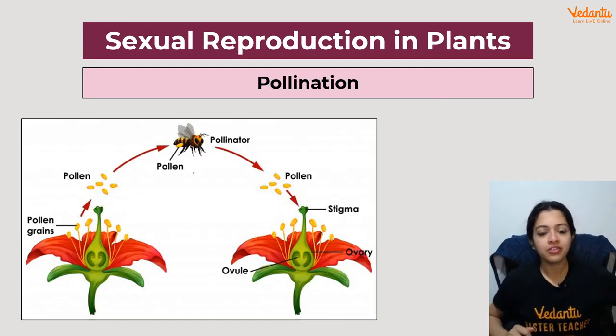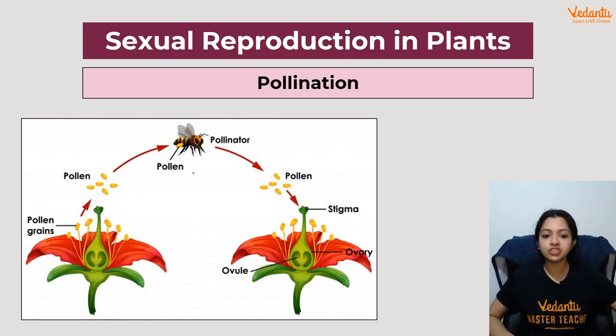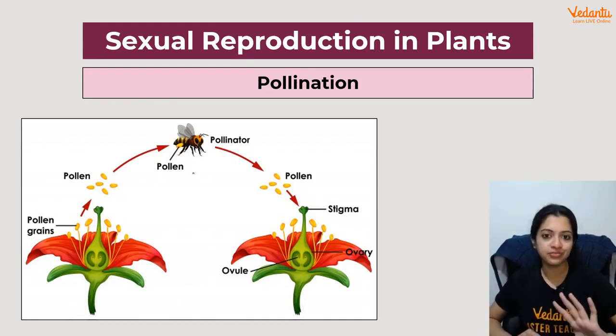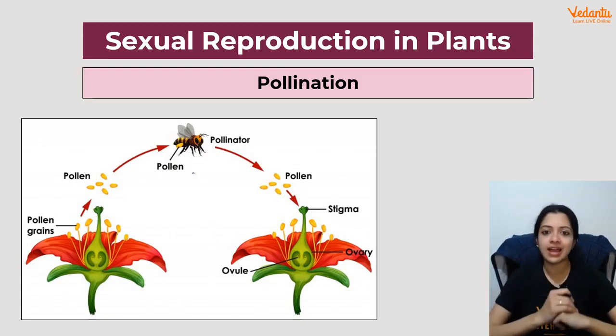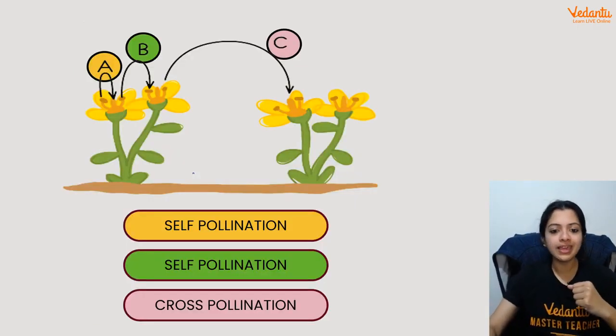Now coming to pollination. The process by which pollen grains from the anther of a flower are transferred to the stigma of a flower is called pollination. This can occur between the same plant or two different plants, same flower or two different flowers actually, so we give them different names.